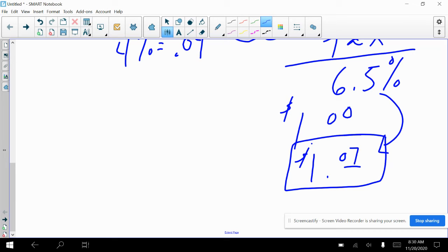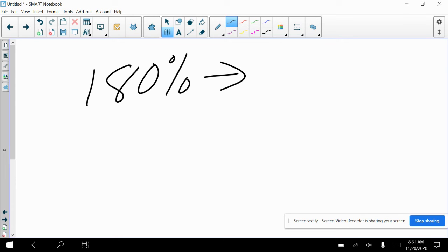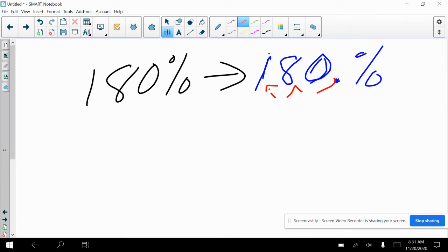All right, so let's keep going. What happens if we have 180% and we want to change that to a decimal? Again, where's the decimal point? At the end, right? Moving it 2 places to the left.